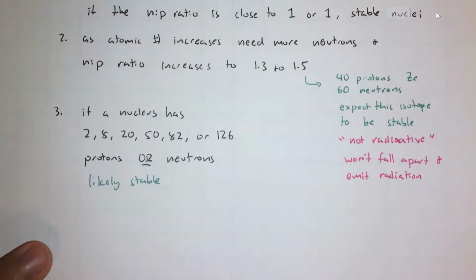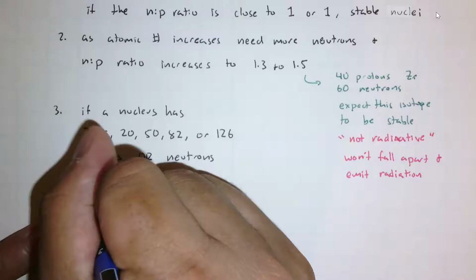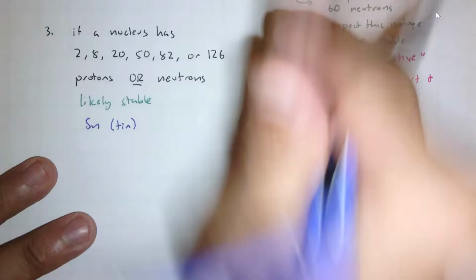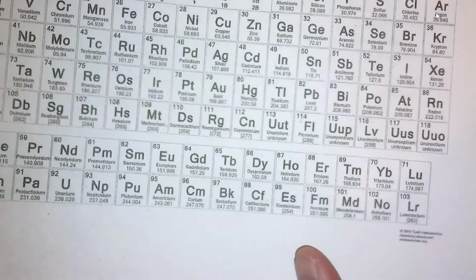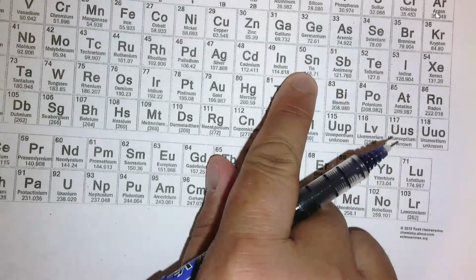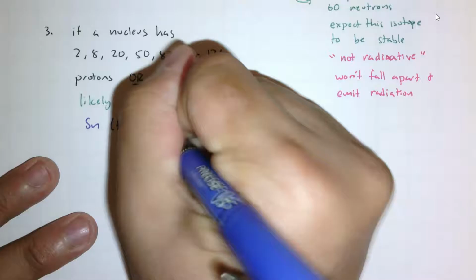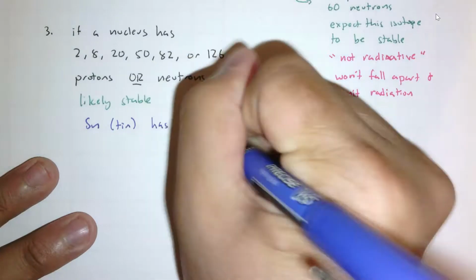And let me give you an example. An example is tin. Tin has a symbol of Sn. And if you look for Sn, Sn is right there, 50. Has 50 protons.